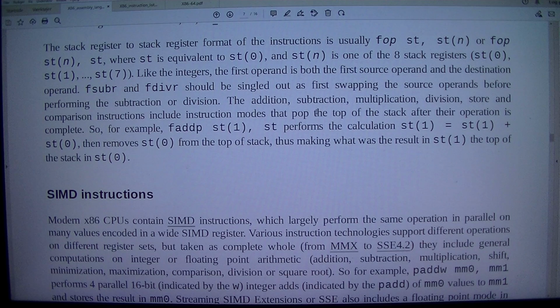The addition, subtraction, multiplication, division, store and comparison instructions include instruction modes that pop the top of the stack after their operation is complete. So, for example, FADDP ST(1), ST performs the calculation ST(1) equals ST(1) plus ST(0), then removes ST(0) from the top of stack, thus making what was the result in ST(1), the top of stack in ST(0).